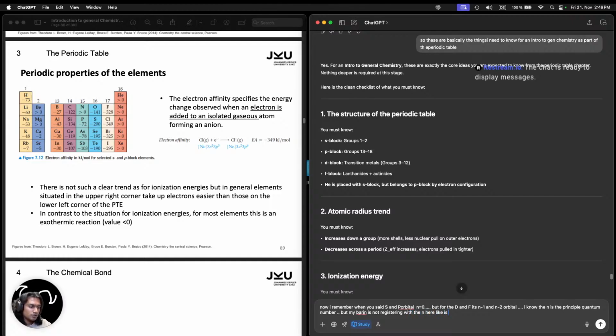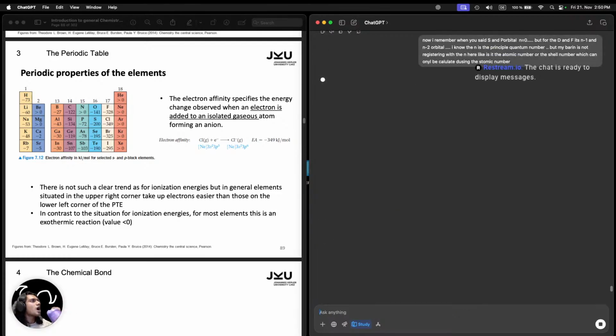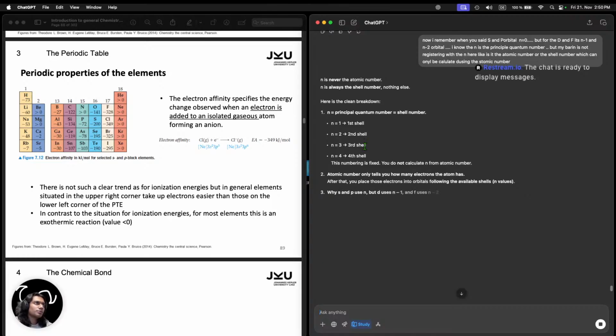Is it the atomic number, or the number which can only be calculated using... It's never the atomic number and it's always the shell number.